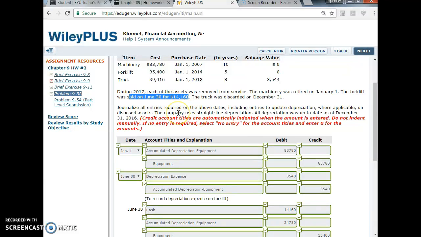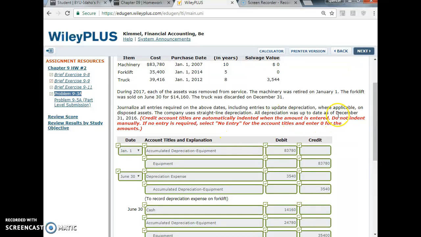To determine the yearly and the monthly depreciation expense, it says it's straight line depreciation, so we simply take 35,400 and divide that by 5, and that gives us a yearly amount of 7,080.